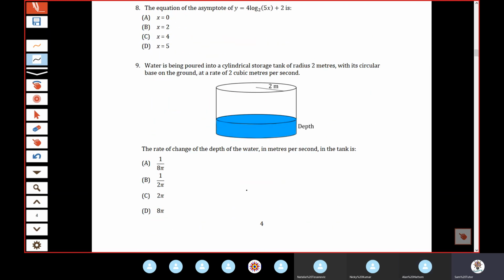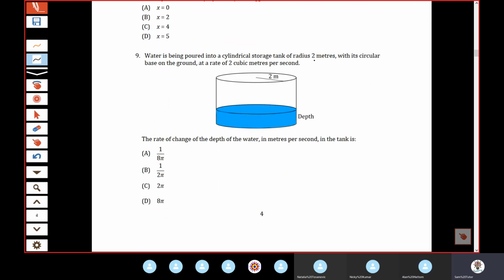Water is being poured into a cylindrical storage tank of radius 2 meters with its circular base on the ground at a rate of 2 cubic meters per second. Okay, rate means differentiation, right? D something on dt. Cubic meters, that's volume, so dV on dt equals 2.